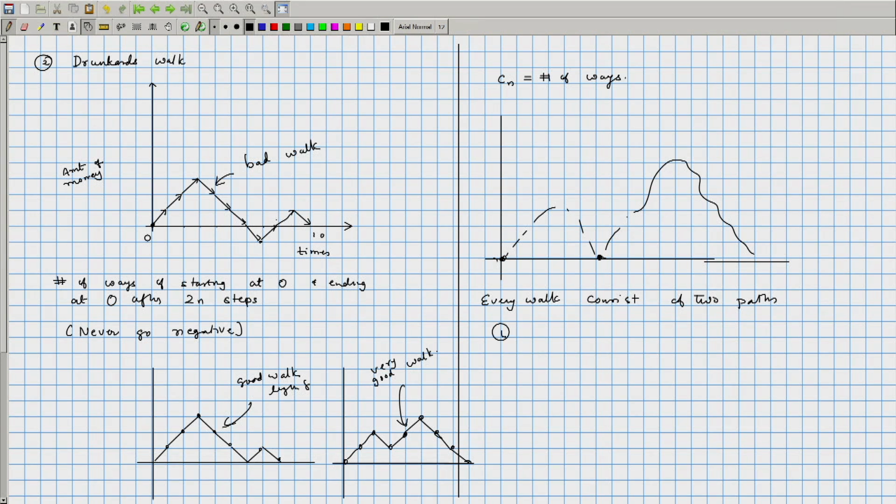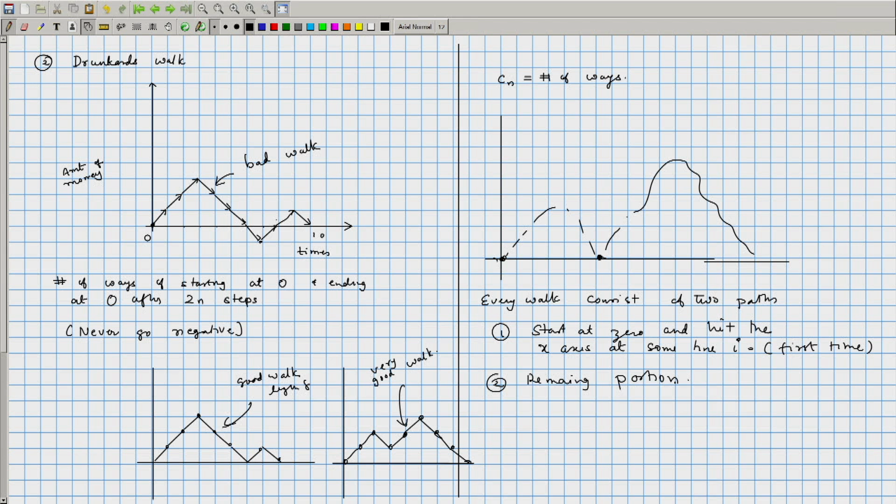The first part is start at 0 and hit the x axis at some time I. So, this I is hitting the x axis for the first time, and then the remaining portion.